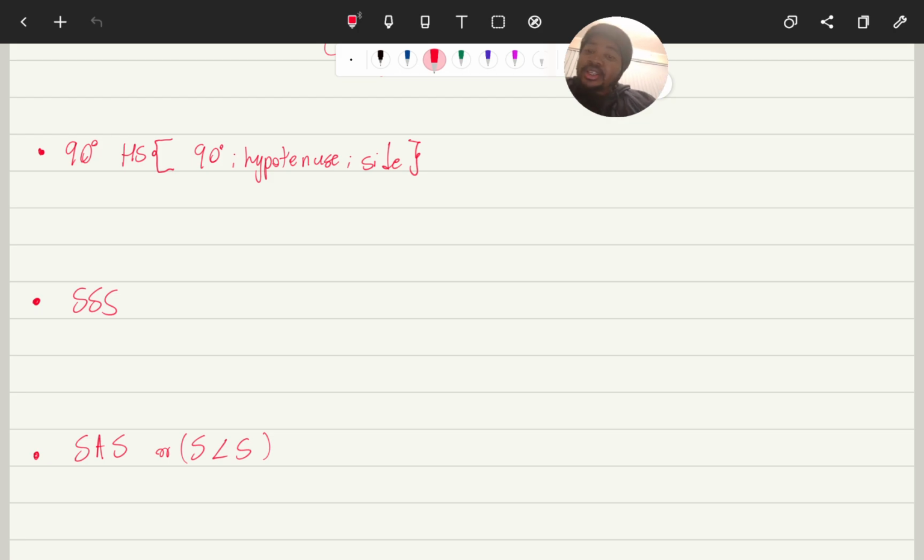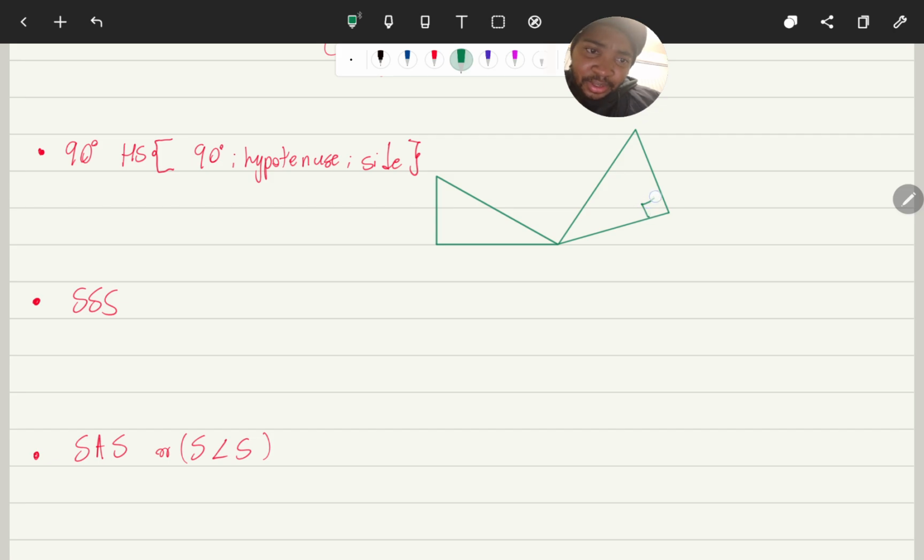So here we have a right angle, 90 degrees, HS, which is 90 degrees, hypotenuse and side. Say for example, we have a right-angled triangle, and we have another right-angled triangle.